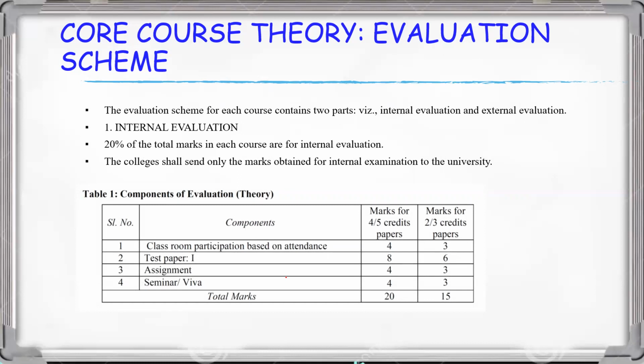The different components are: first one is classroom participation based on attendance. I will explain that. And the second is test paper, test paper 1 and 2.